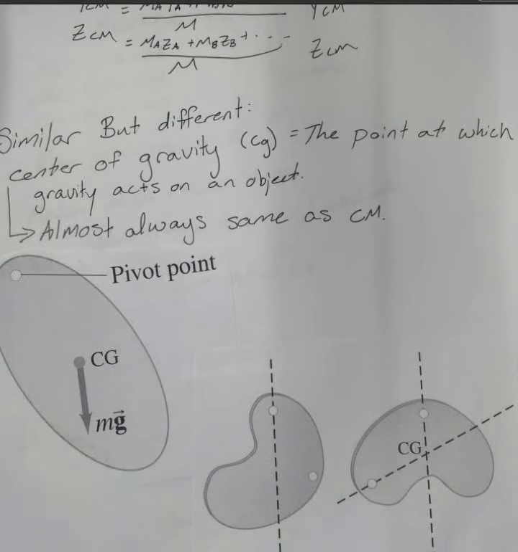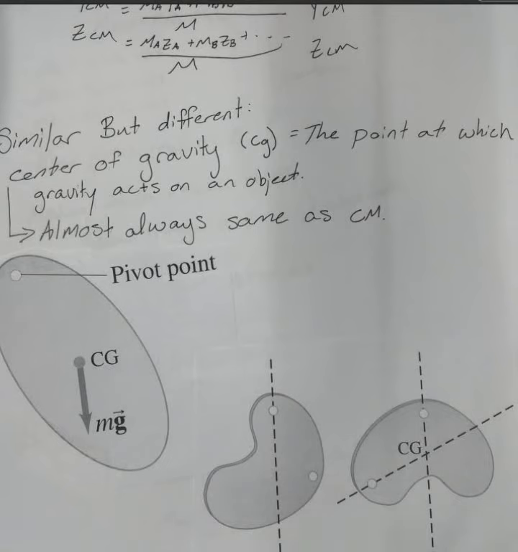The real difference between center of gravity and center of mass exists, but for all practical purposes, they can be considered to be the same point. A lot of the time it's easier for us to figure out the center of mass or the center of gravity experimentally instead of actually calculating it. You can do that by using a pivot point.